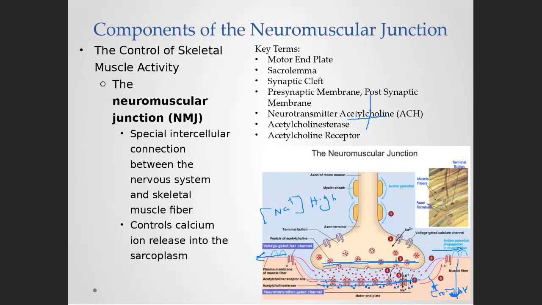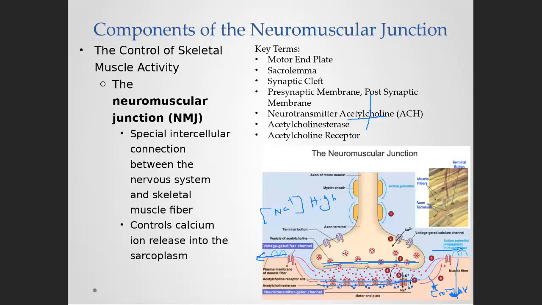Okay, and acetylcholine is what crosses the space between the two cells to turn an electrical signal on the neuron into an electrical event on the muscle fiber that releases calcium and lets actin and myosin cross bridges get formed, and with ATP present, contraction occurs.